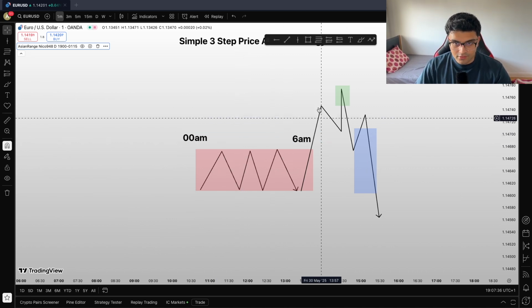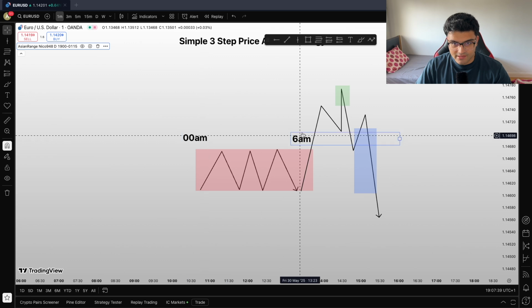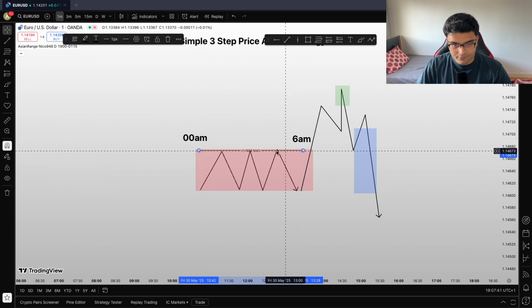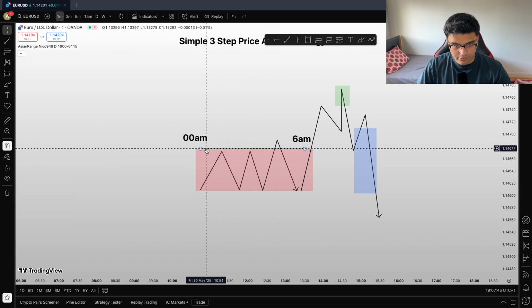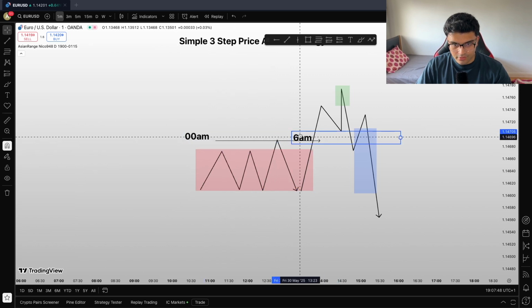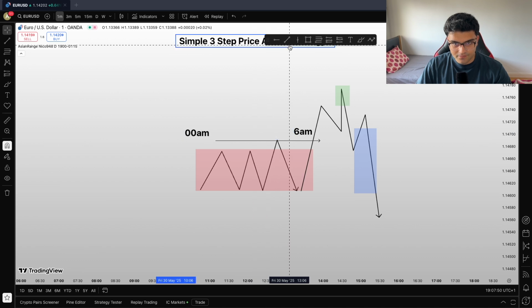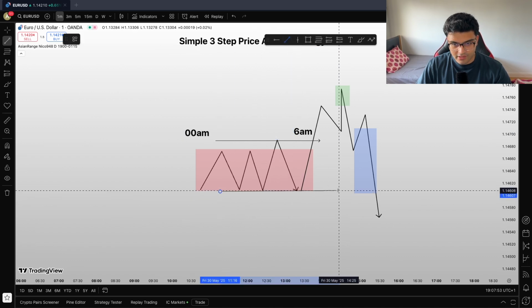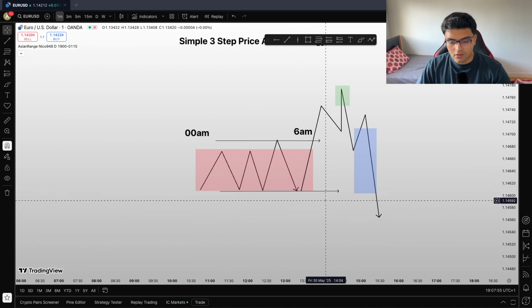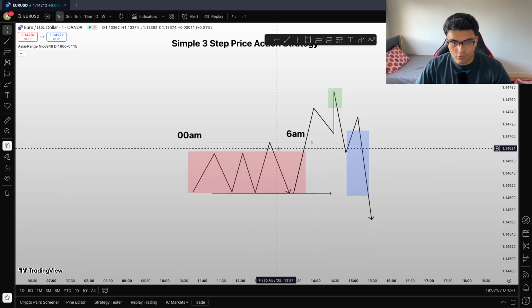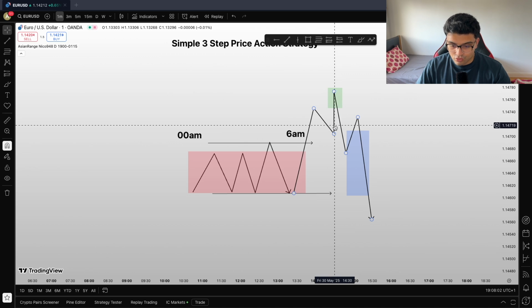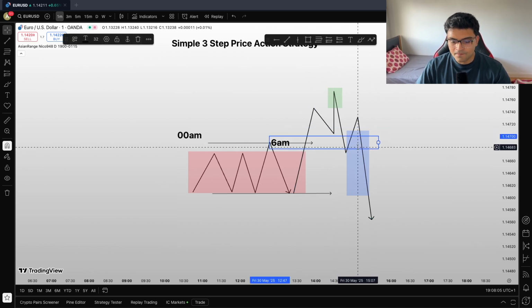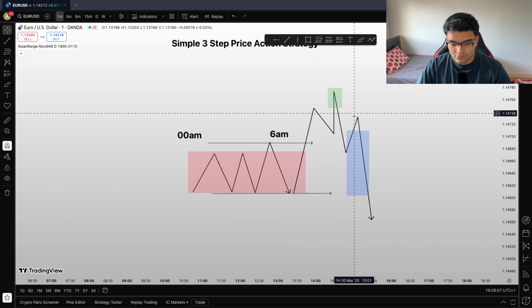Now, between midnight and 6 a.m., there will be a highest point called the Asian high. So let's say this is part of the range, so this is clearly the highest point. And I'll show you examples as well, don't worry. So this would be the Asian high, and the lowest point would be the Asian low. Now these two points are very reactive, meaning that once we take these points out at a certain time, there's usually a reversal that happens, or if not a full reversal to the downside, there is definitely some sort of movement down.